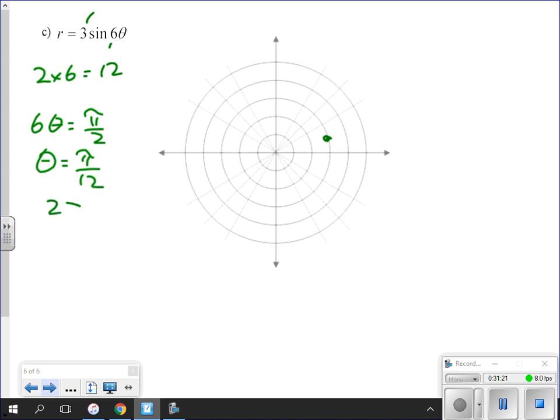They're all 2 pi divided by 12, so they are pi over 6 apart. If I take pi over 12 and add pi over 6, that gives me 3 pi over 12, which is pi over 4. So my next one is at pi over 4. Then I add pi over 6 to that, and that puts me here, and then here, and so on around the circle.